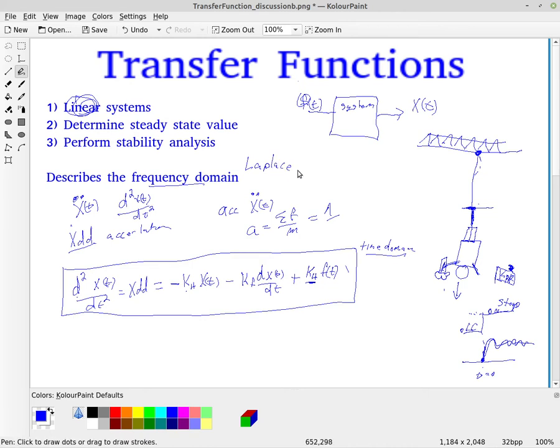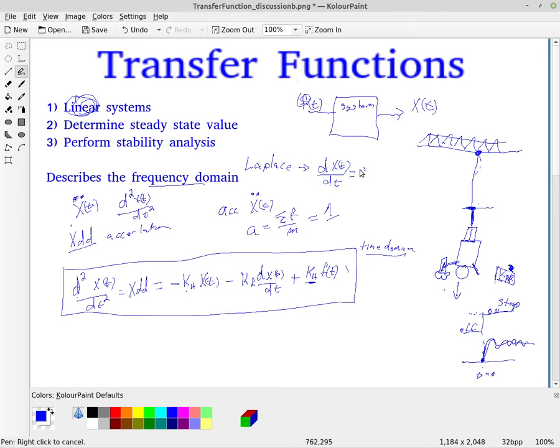Okay, and the Laplace Transform, just a simple description of it: if you have a derivative such as dx/dt, then we take this to basically the frequency domain.